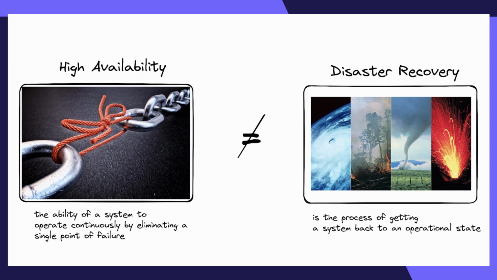While the disaster recovery is the process of getting a system back to an operational state. For instance, you have your single primary instance of Postgres, it goes down, and then you need to follow some steps to get it back to normal. So generally speaking, high availability and disaster recovery are very well connected, but they are different things. And today we are going to talk about high availability.